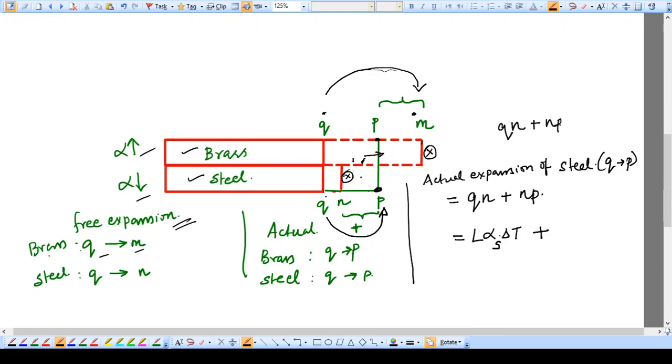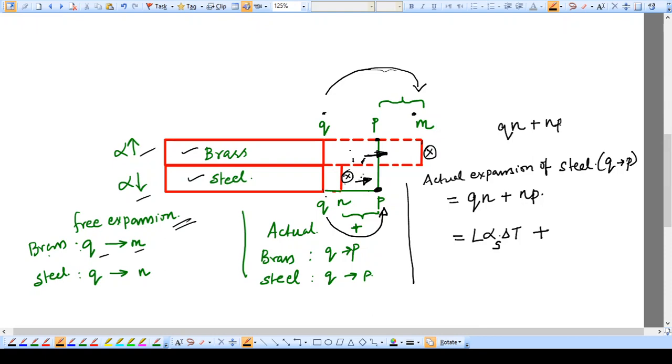So I am having steel and this is brass. From N to P it elongates. How is this expansion possible? This expansion occurs because the brass is deforming and extending outwards. This creates a tensile force in the steel body.